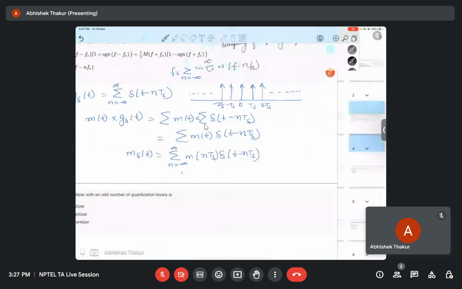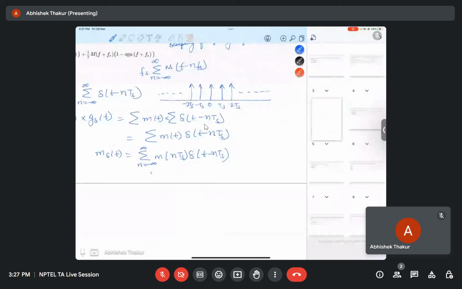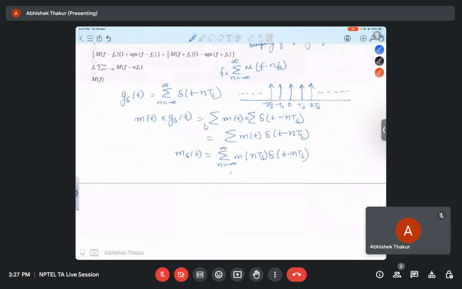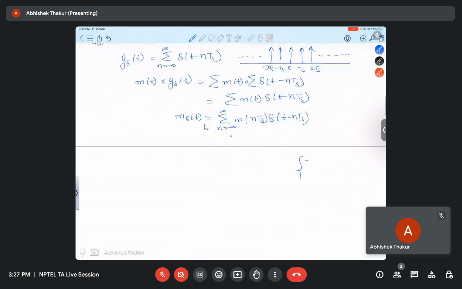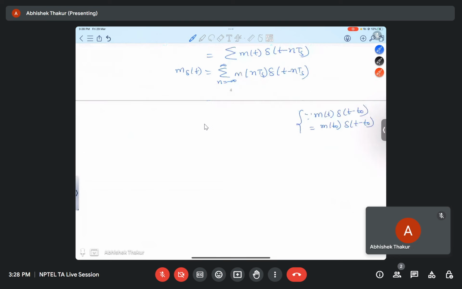We can write it like this because whenever m(t) is multiplied by delta(t minus t0), this can be written as m(t0) into delta(t minus t0). For t equal to t0, the message signal will exist. In that way, we can write the sampled message signal like this.